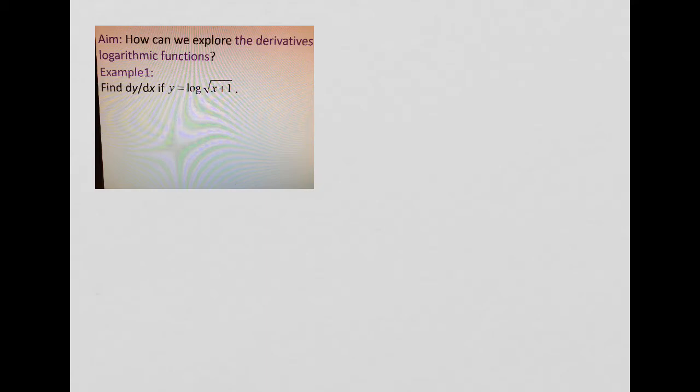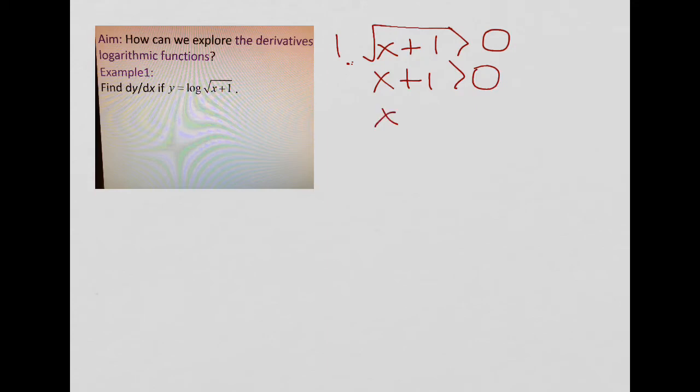So step 1 is to find the domain of our function. We take the x plus 1, and we want that greater than 0. You can't take the square root of x plus 1, you can take the whole thing. But it's really x plus 1 that's greater than 0 still, and we solve this.